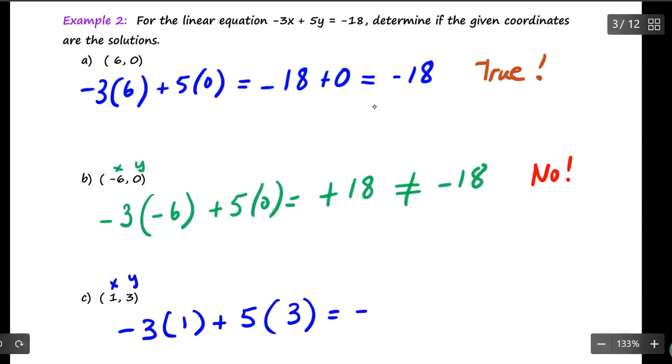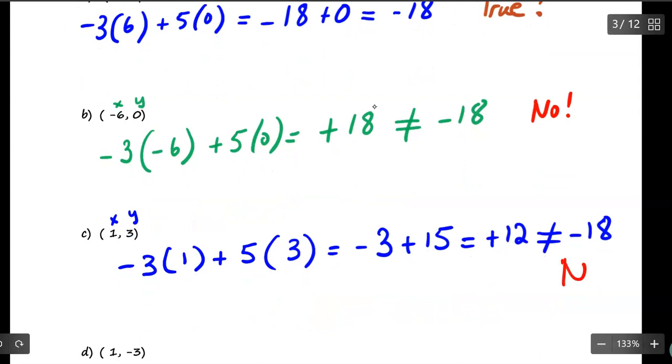So this one is negative 3 plus 15, which is equal to positive 12. Then it's not equal to negative 18. So this one is also a no. So this point 1 and 3 is not the solution for this linear equation.